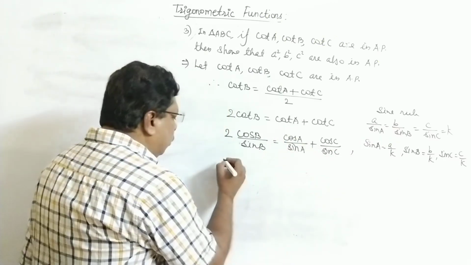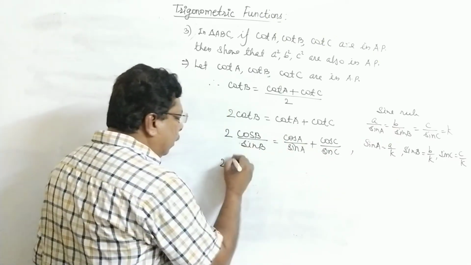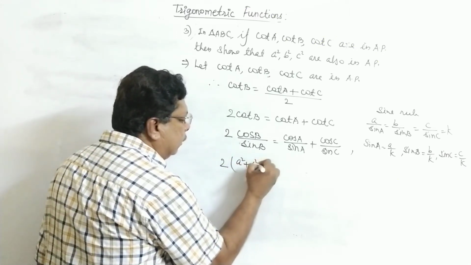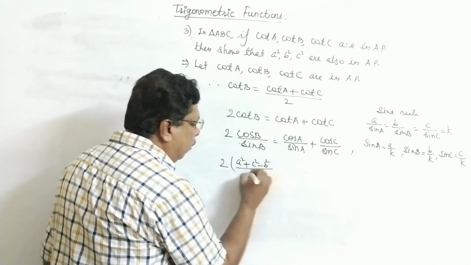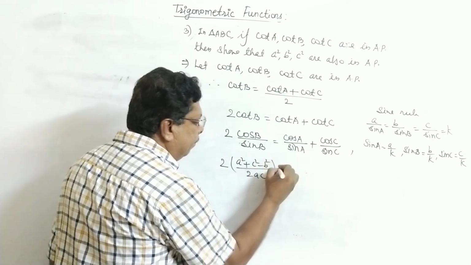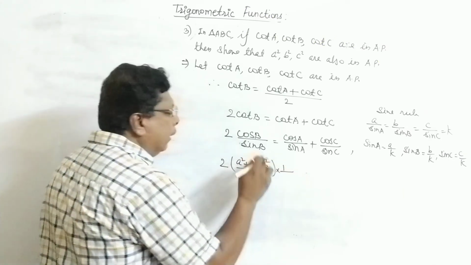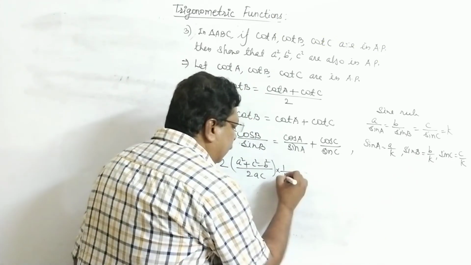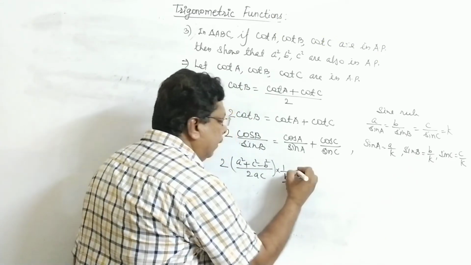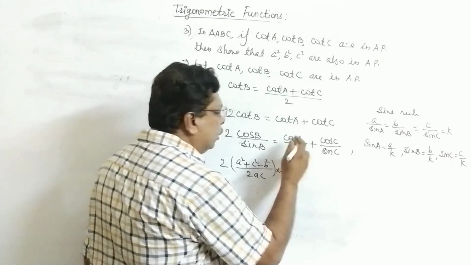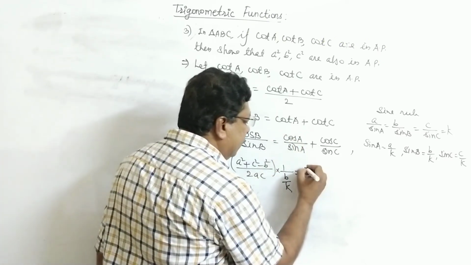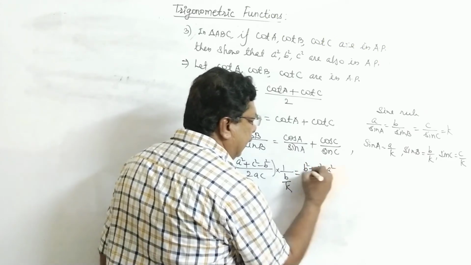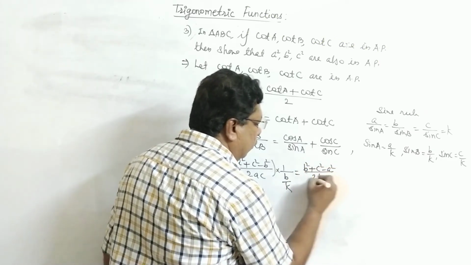Now 2 into cos B from the cosine rule, that is a square plus c square minus b square upon 2ac, into 1 upon sin B. Sin B is b upon K, is equal to cos A. Cos A is b square plus c square minus a square upon 2bc.